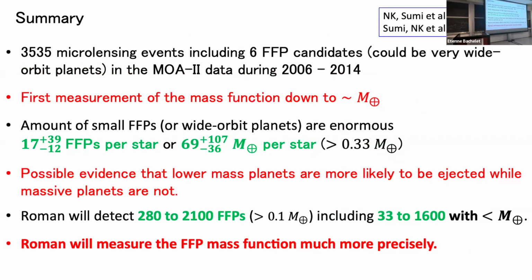Thank you, Naoki. Question for Naoki. So I imagine this was already being discussed within the survey design group, but there was a paper by Andy Gould from a week ago arguing for a smaller area and higher cadence, specifically to get better sensitivity to the lowest mass free floating planets.